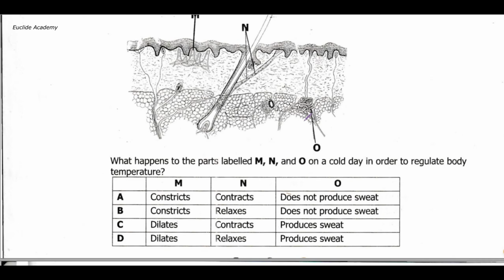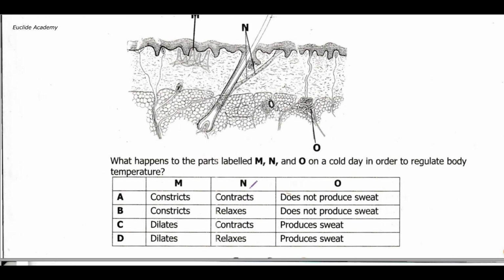So back to this question, O on a cold day does not produce sweat. And then what happens to the blood flow? So there has to be less blood moving through the blood vessels, so we expect M to constrict.